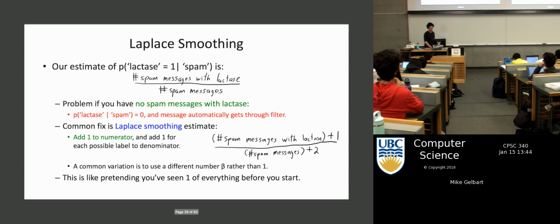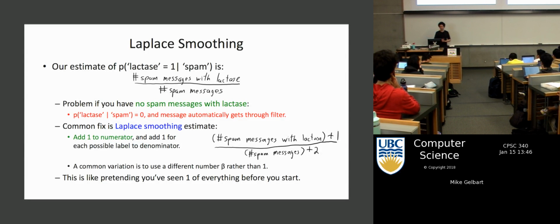But that's not quite right, because your training set is limited and you haven't seen everything just in your training set. And so you're going to be multiplying all these probabilities, and one of them could be 0 because you've never seen that word in a spam email. And as Ali pointed out, the whole big multiplication of stuff is 0 just because of that one word, which doesn't make sense. It shouldn't be the case that just the presence or absence of one word makes you 100% sure that this is spam and you completely ignore everything else in the email, right?